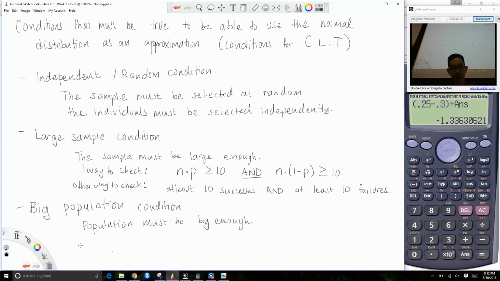To check this, the population needs to be at least 10 times bigger than your sample. Or conversely, do not sample more than 1/10 of the population.